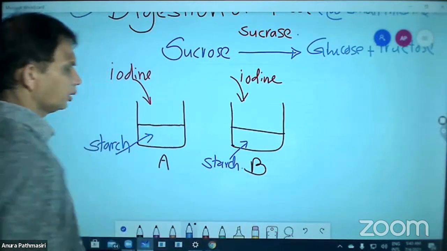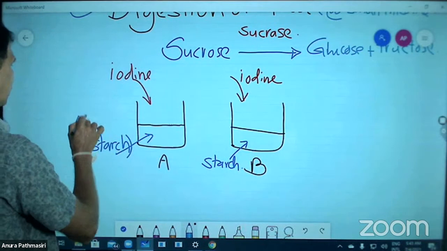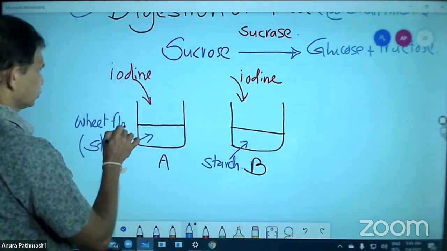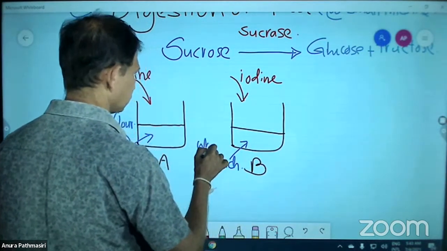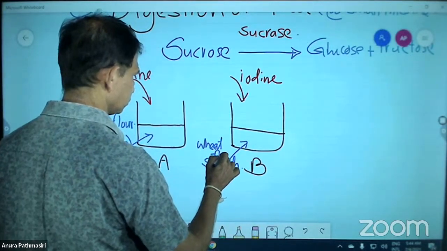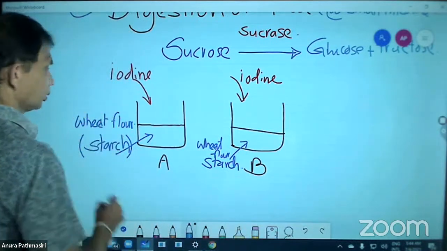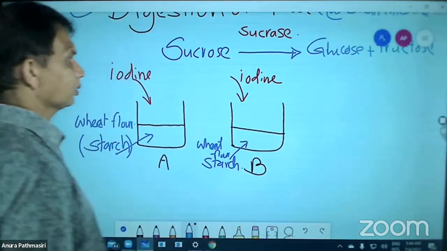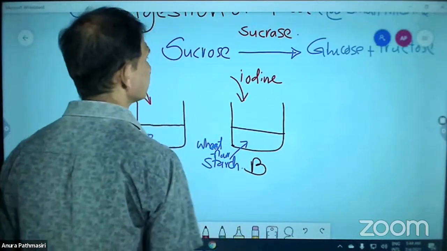Starch is available in wheat flour. My spelling is correct, right? Wheat flour. I wrote it wrong there. Right, wheat flour and starch.